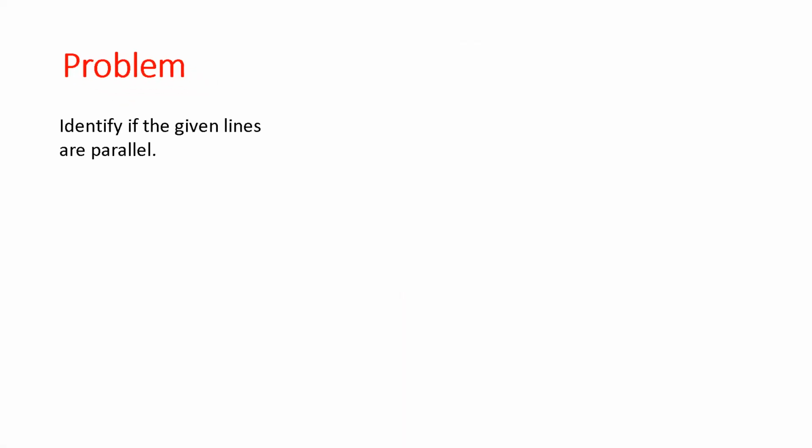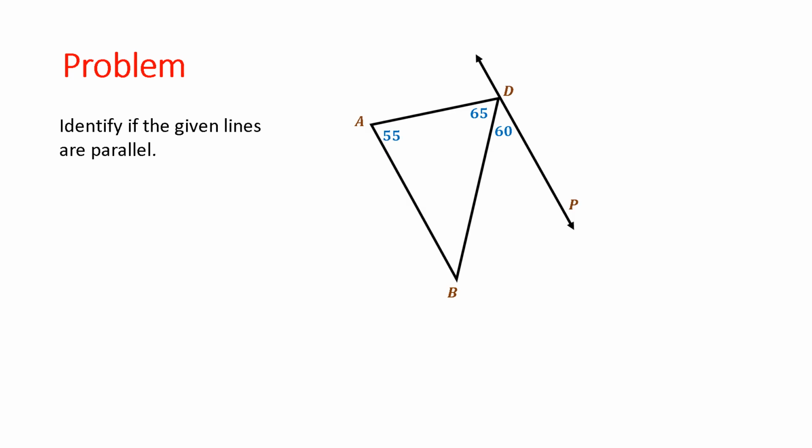Here is our problem. Identify if the given lines are parallel. Let's have now the figure. Here's the figure. We have a triangle ADB, and then the line DP, and there are given measures: angle A is 55, angle ADB is 65, and angle BDP is 60.